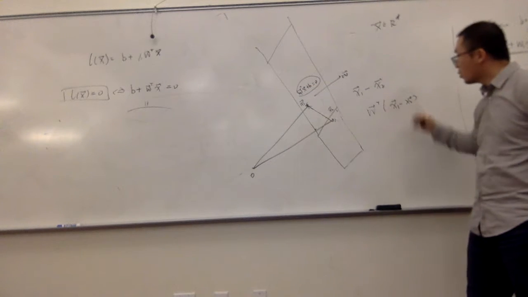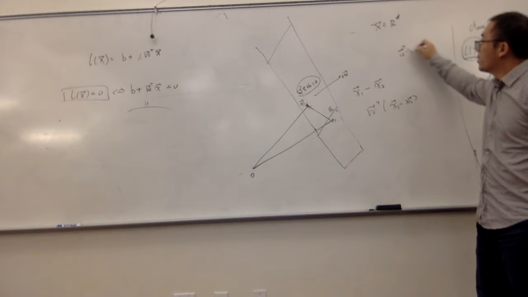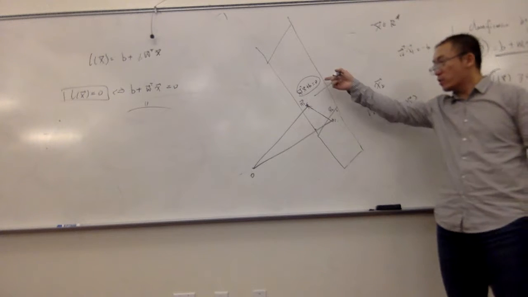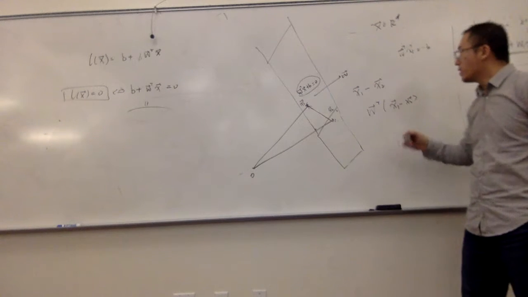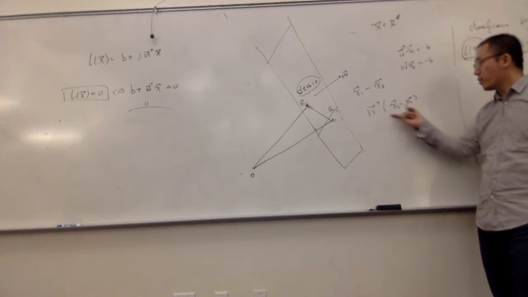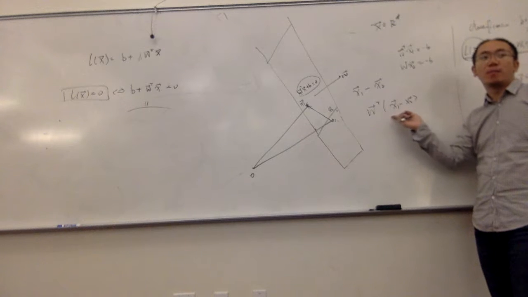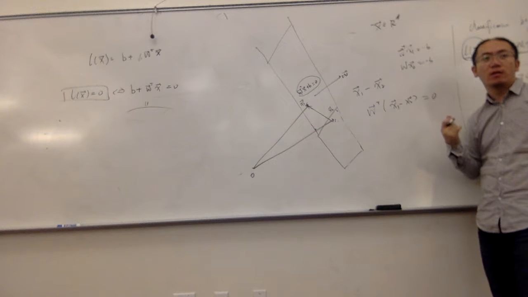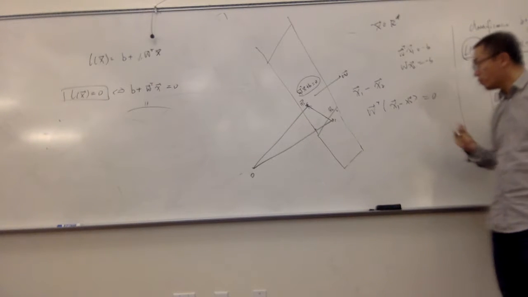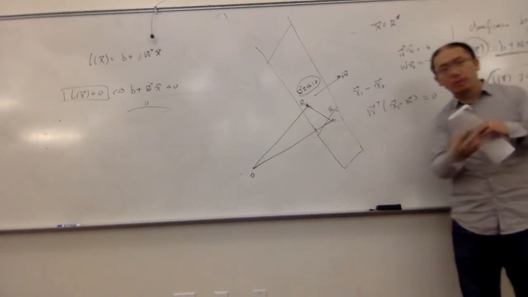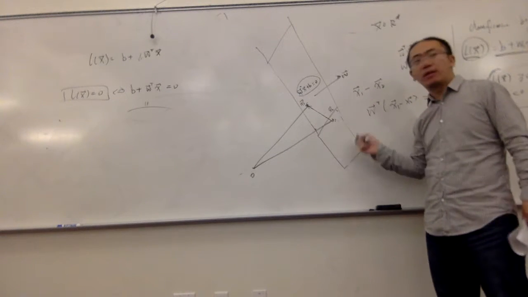That means for x1, we have W transpose x1 equals minus B, because this equation holds for x1. And similarly for x2, we have W transpose x2 equals minus B. So if we multiply into this parenthesis it immediately becomes 0, because the two terms are exactly the same. So now we verify that W is orthogonal or perpendicular to the classification hyperplane.